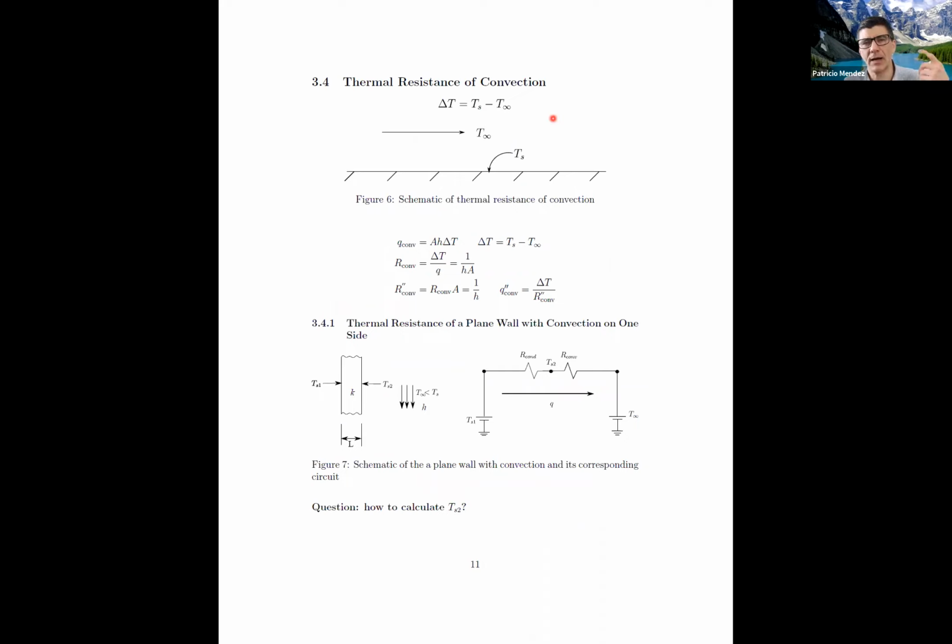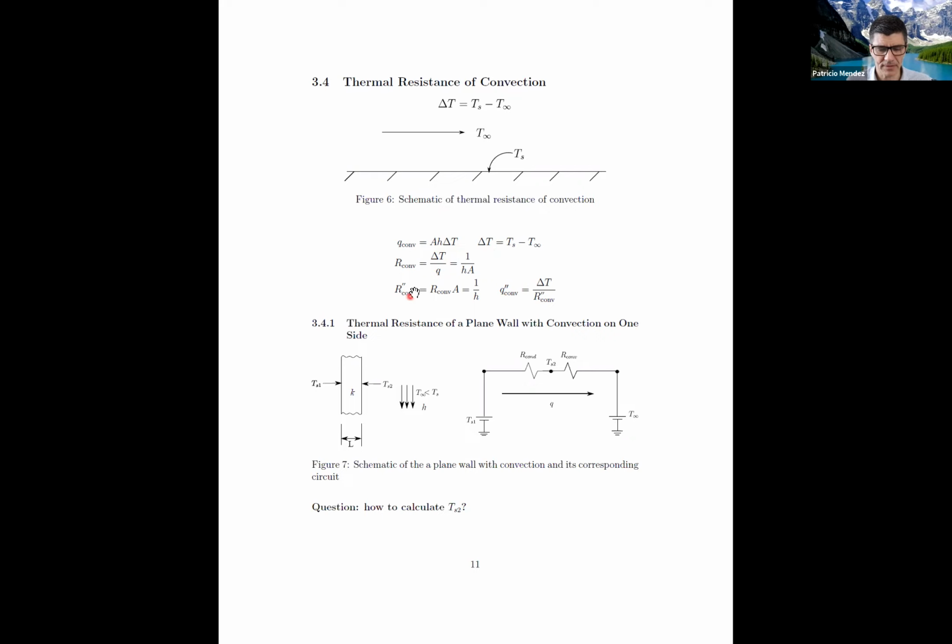And then we said, aha, because convection also has the same relationship between temperature jump and heat rate, we can define a thermal resistance for convection. And sure enough, the thermal resistance for convection would be 1 over hA, which we derive by using the definition of resistance as delta T over Q. And we know what the Q is in the case of convection because we learned it in week 2 of class.